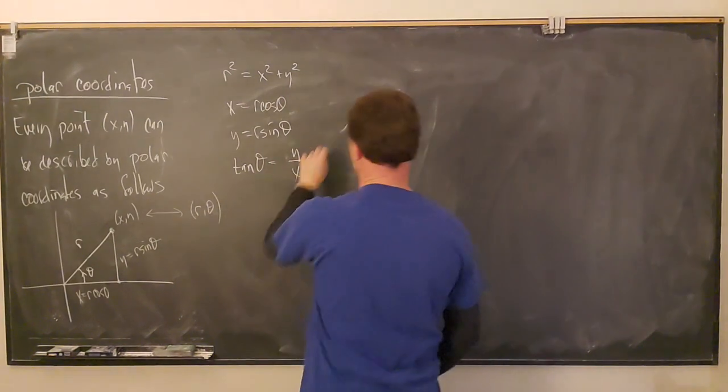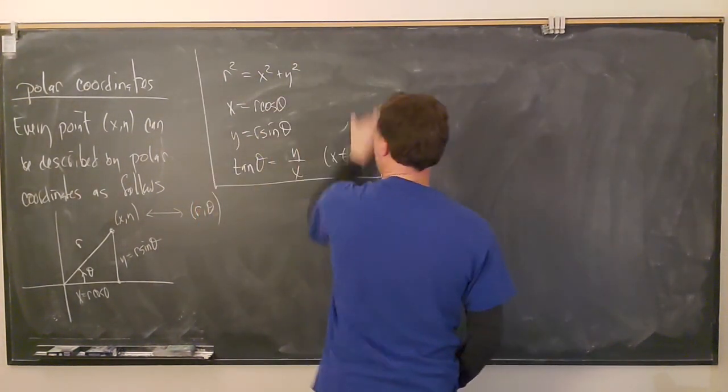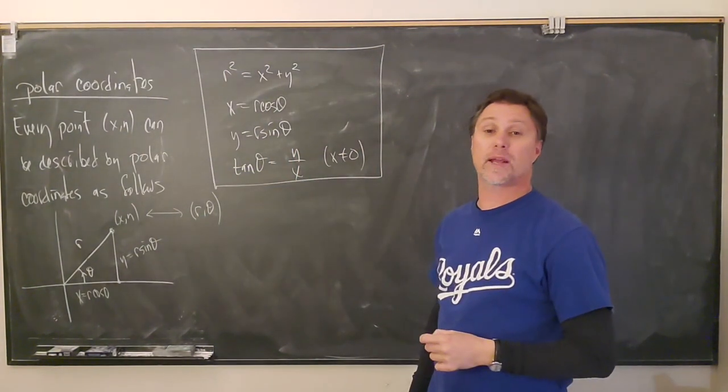Here, of course, that's if x is not equal to 0. So these four equations right here allow us to go back and forth between polar coordinates and rectangular coordinates.